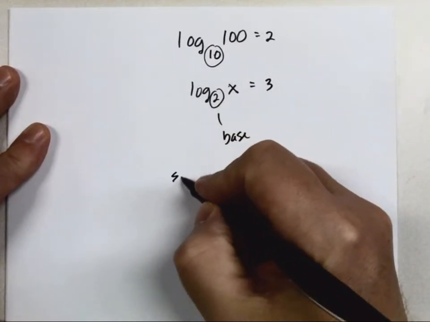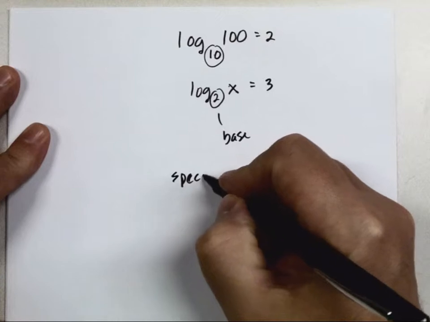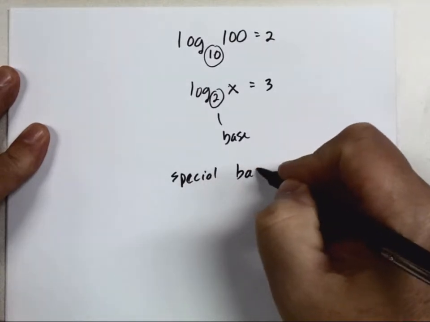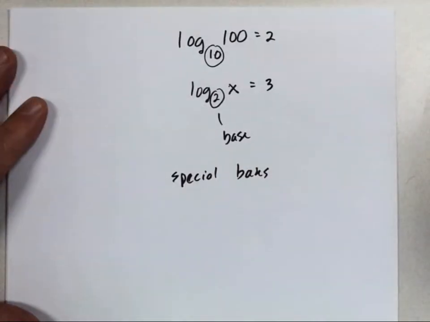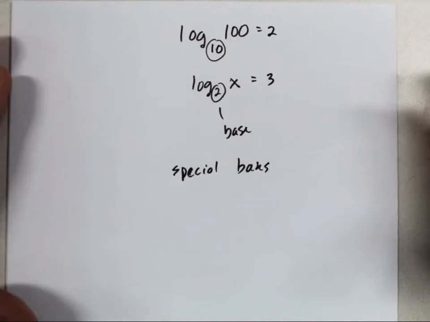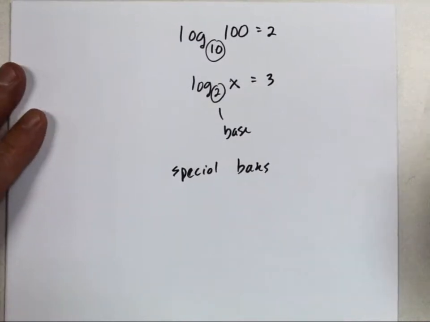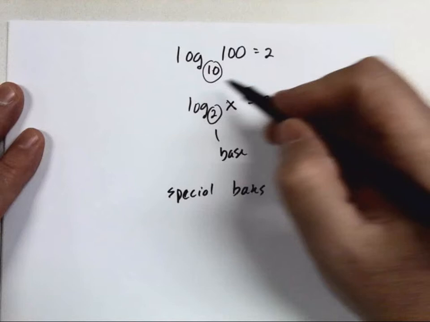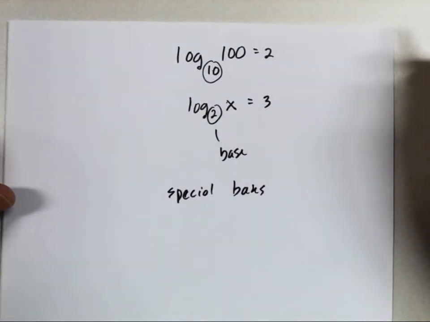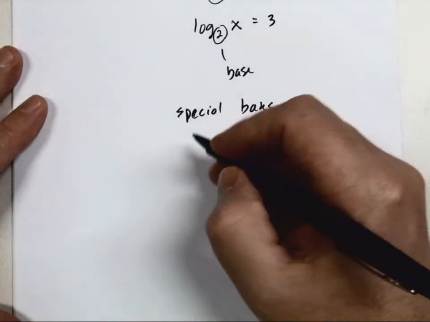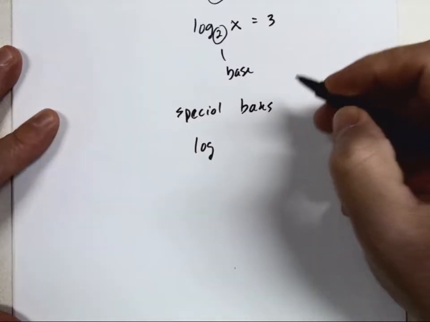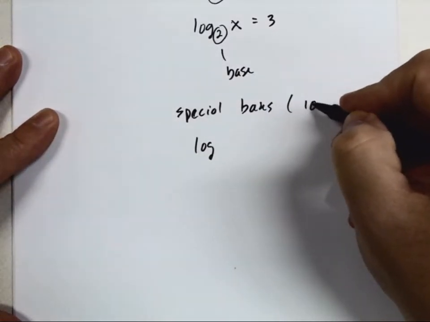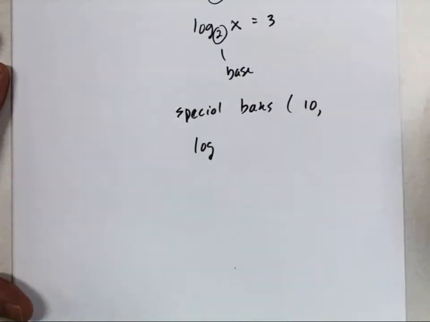Now, as in math, there are always special kinds of things. There are some special bases. As a matter of fact, this first one I wrote is a special base. So the first special base is base 10.